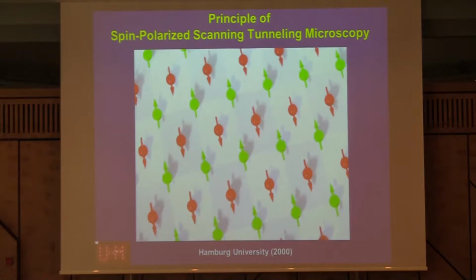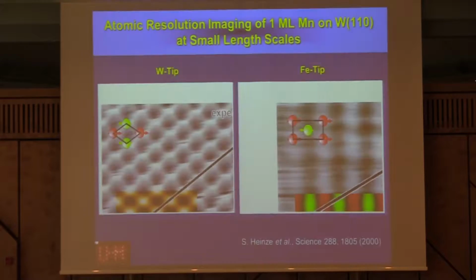And of course, you can see side by side what you would get with a non-magnetic conventional STM tip, for instance a tungsten tip, where you resolve the atomic lattice and see the chemical unit cell, whereas with a magnetic tip you can really see the enlarged magnetic unit cell, in this case in very nice agreement with theoretical ab initio calculations done at that time by Stefan Heinz together with Stefan Blügel.